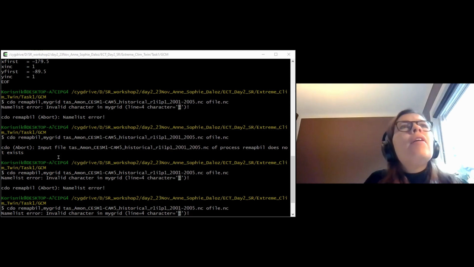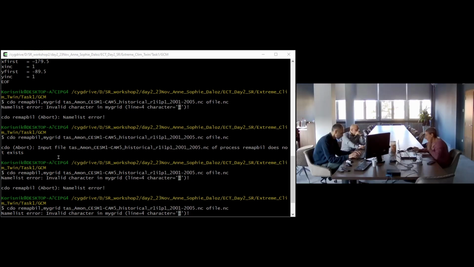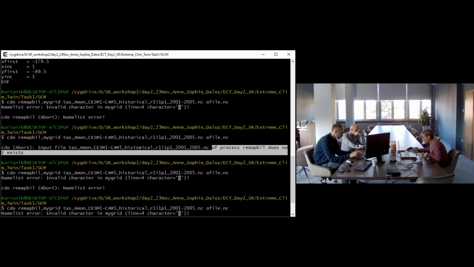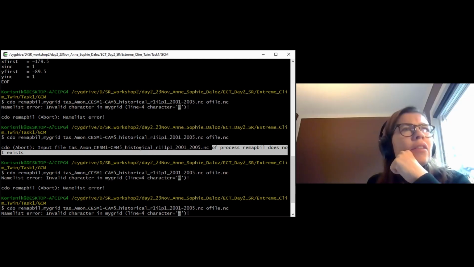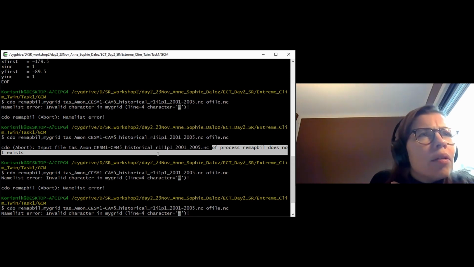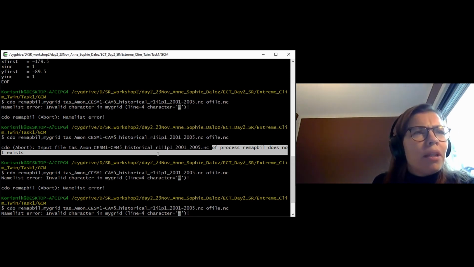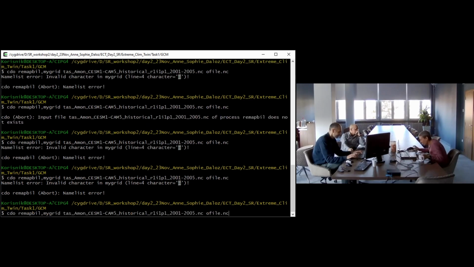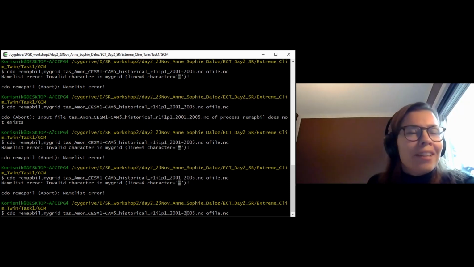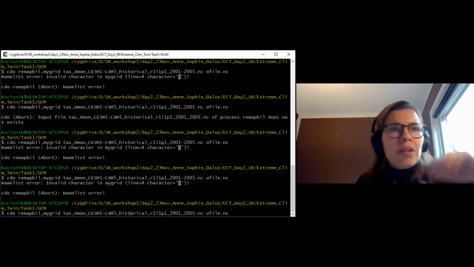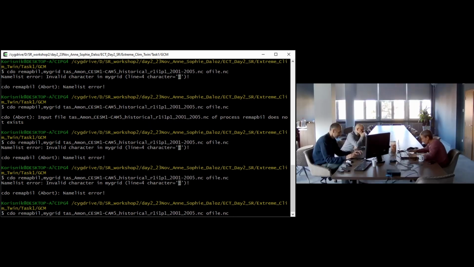Okay, so can I check? I'm not really sure what this error means, process does not exist. Let me check. You didn't put a space between remapbil and mygrid, right? Is it really? Okay, let me just try. Sometimes it's something that we forgot, I'm just checking for obvious things first.